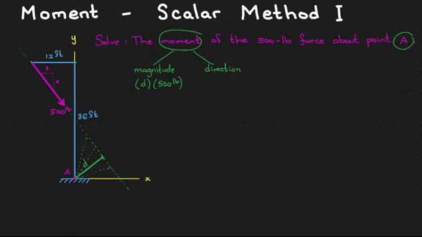How about the sense of direction? You may think of it as, how does this force want to rotate about point A? Well, it wants to rotate in a clockwise manner.